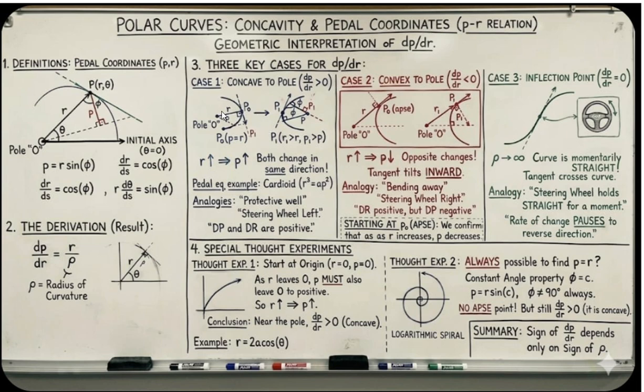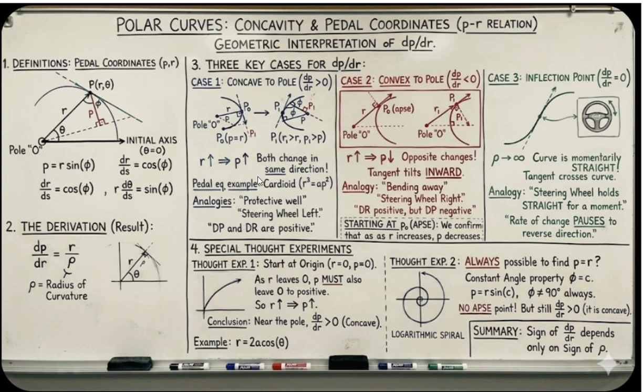The r will either decrease or increase, and both will change in the same direction. In a concave curve, if you come here, the r decreases, and definitely the perpendicular length also decreases here. If you come here, the r decreases, which means the perpendicular length also decreases.